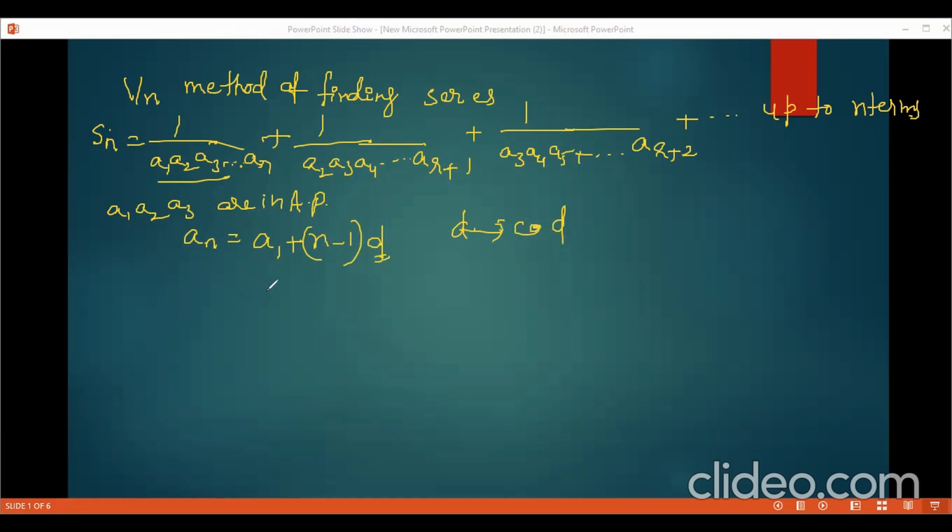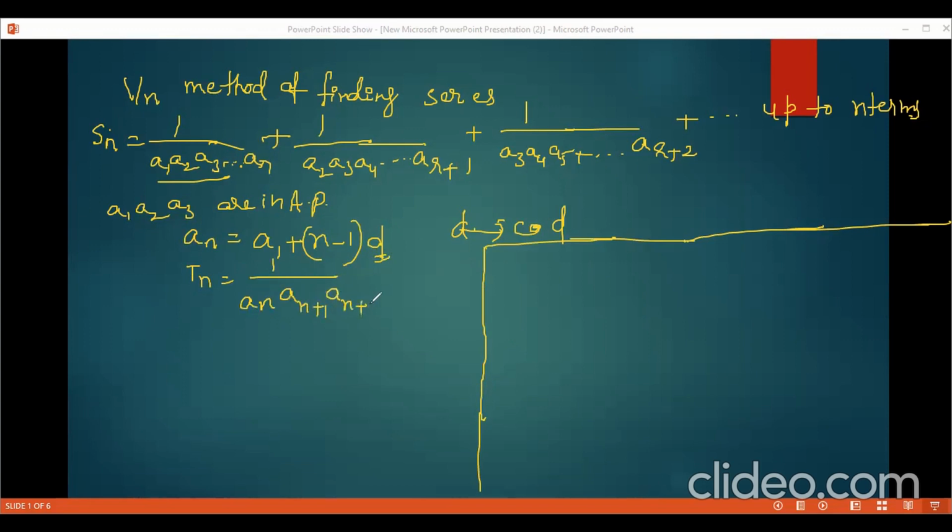Now, let Tn be the nth term of the series. I am dividing the total thing into two parts so that we can easily complete this formula. So Tn is equal to 1 by An, An plus 1, An plus 2, so on, An plus r minus 1.